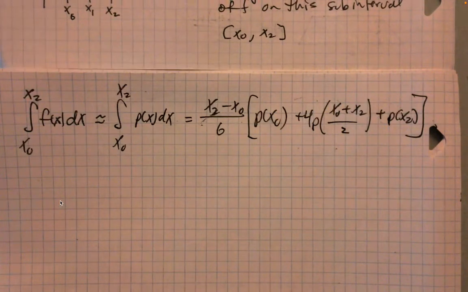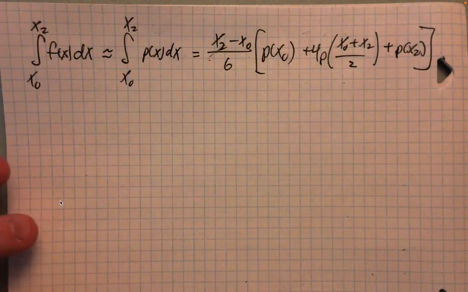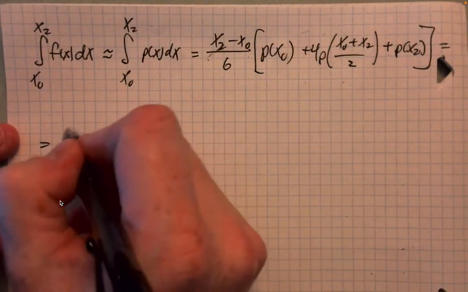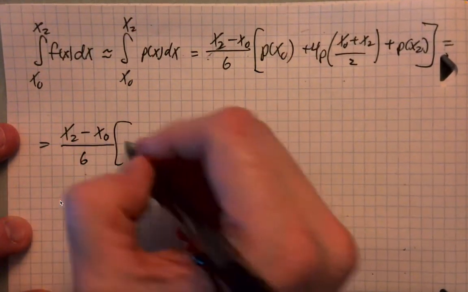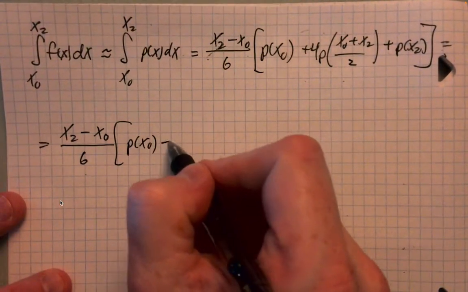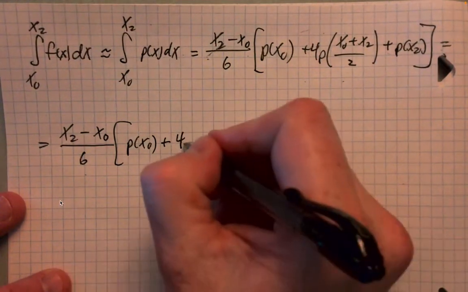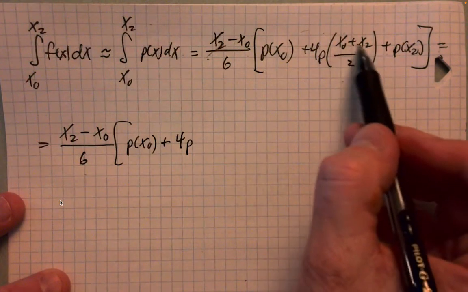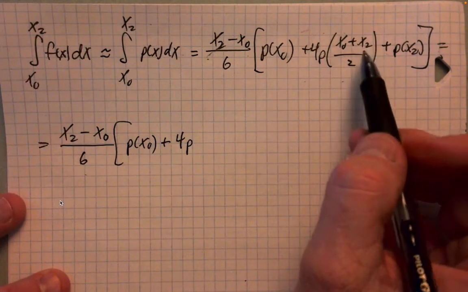Okay, very good. Then let's mess with this a little bit and see what else we can see. So this is equal to, again, x2 minus x0 over 6 out front, and we've got p of x0, and 4 times p of (x0 plus x2)/2. So what is this, though? This has a very precise value that we know.